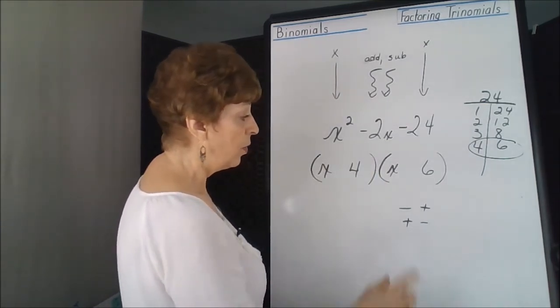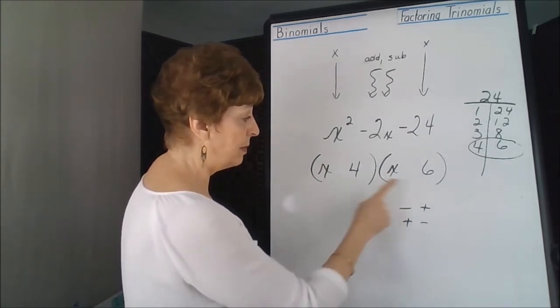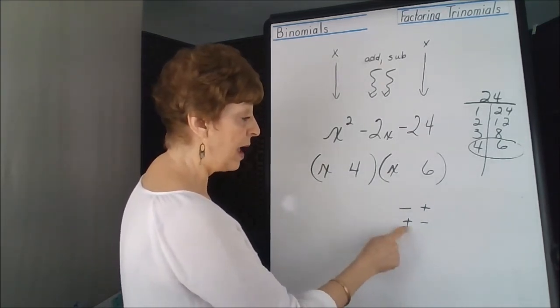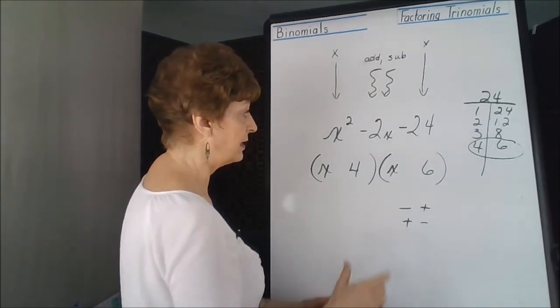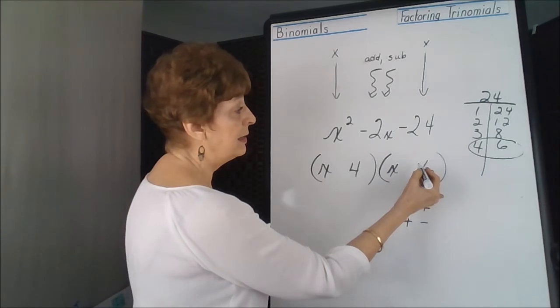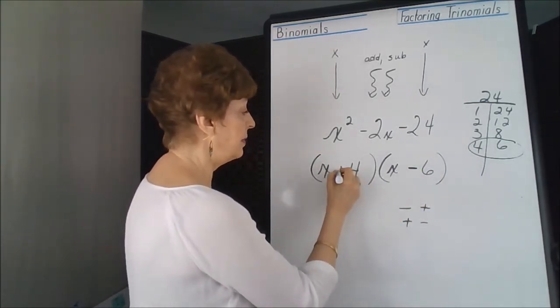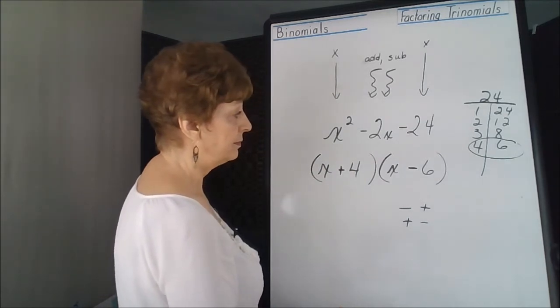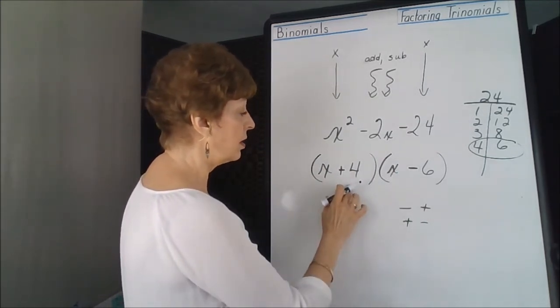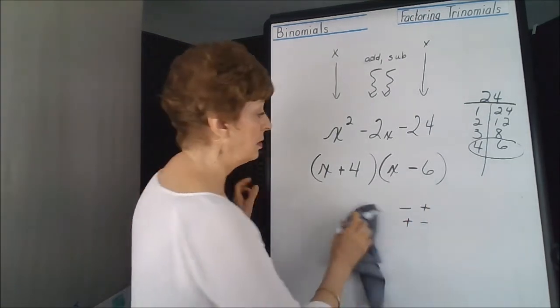So one of these is going to be negative and one is going to be positive. But how I actually mark it makes a difference. I need a negative 2 here, so my 6 has to be negative and my 4 has to be positive, because 6 take away 4 is 2, but it takes the sign of the larger numeral.